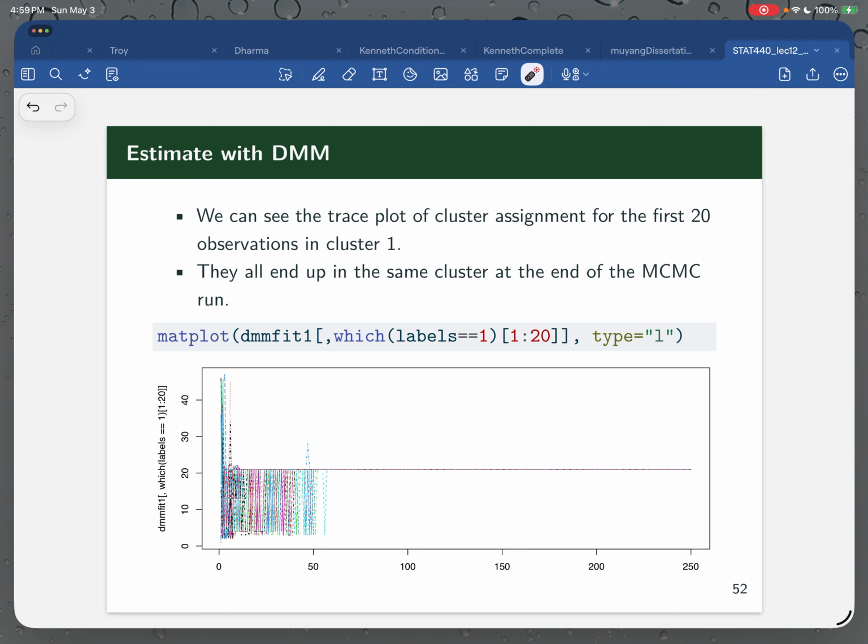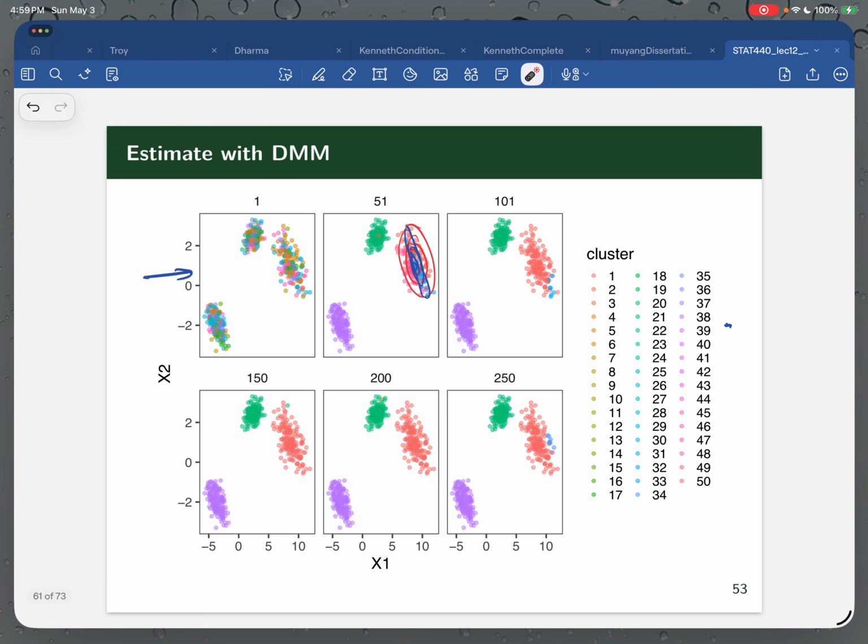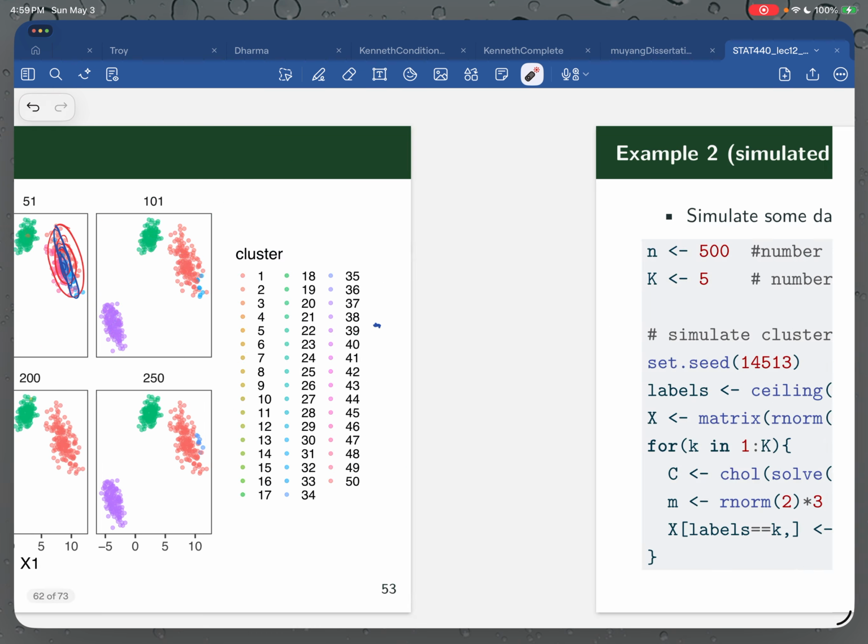What it's saying is which of our 50 clusters do each of the points end up in. We're only looking at points which are originally labeled cluster 1. And you see that they move around a bit, but eventually all of them end up in that same cluster of 21.